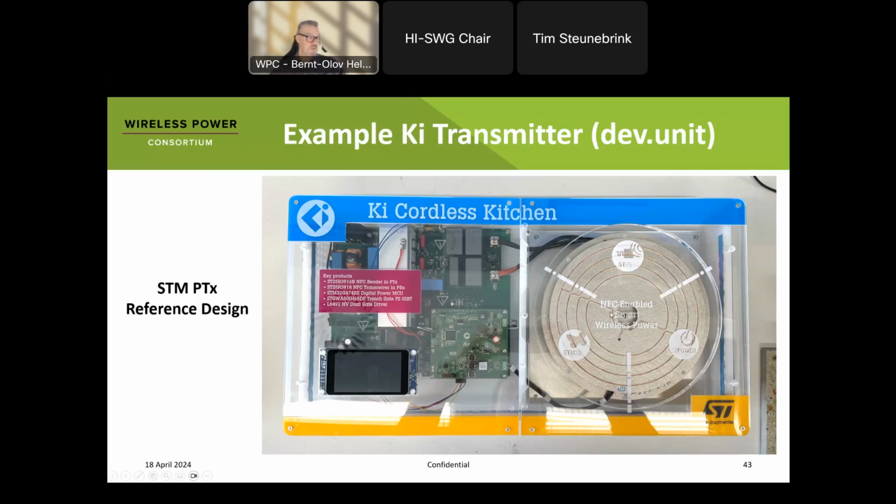And I would say this one or the next one is required if you're doing something, because you need to have a solid working transmitter or receiver when you're developing the other side. If you have two sides and you're developing both at the same time, it's a bit of a challenge.